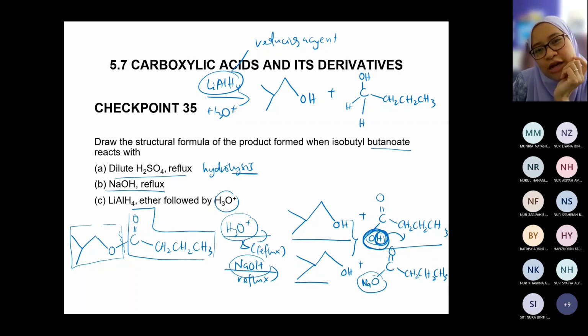Nama pun reducing kan, so dia akan tambah hydrogen juga yang memang asal tu ada oxygen, remove the oxygen, and the double bond tadi tu dia akan jadi satu bond saja but attached to OH. So that's why dia ada 4 bonds. Okay, so this is alcohol and this also alcohol. So kalau reduction, both product will also be alcohol.